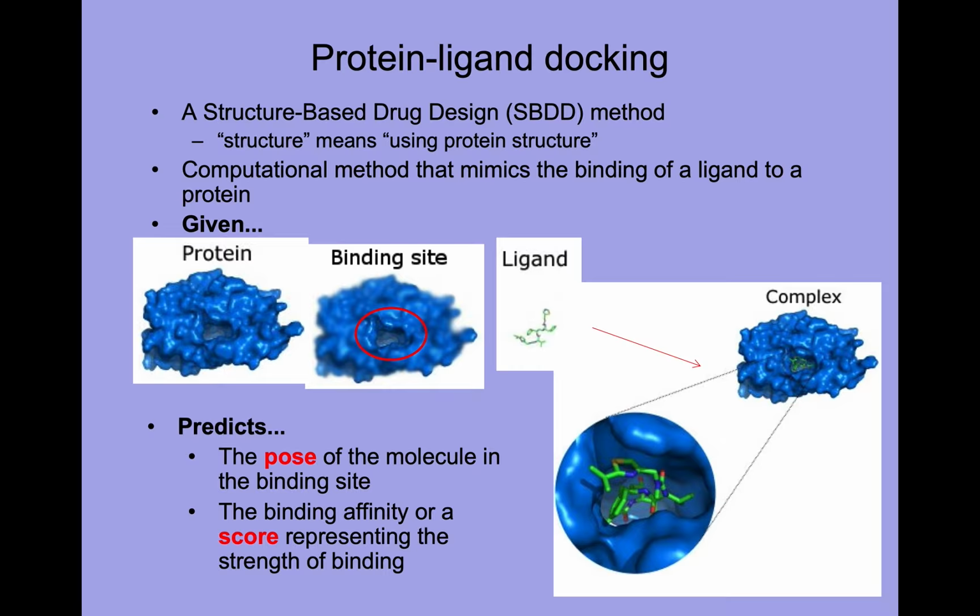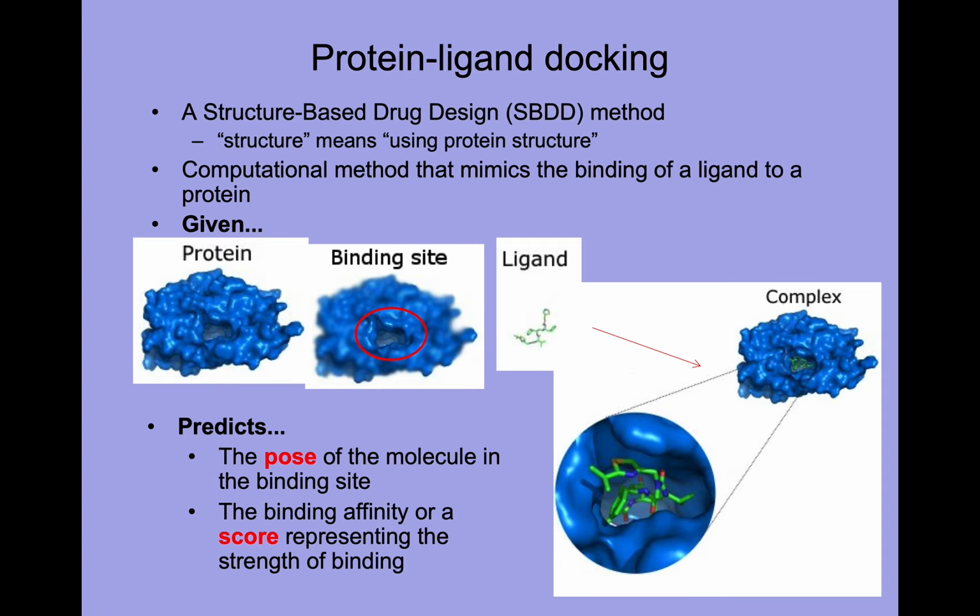We will predict the pose of a molecule in the binding site, how the ligand is aligned into the binding site. Like this molecule is aligned in this way, in a bending manner. So this is the pose of the ligand in the binding site.